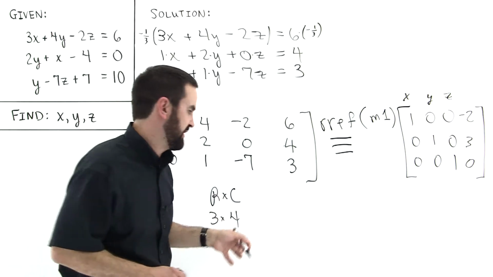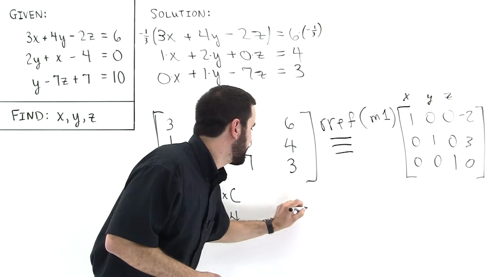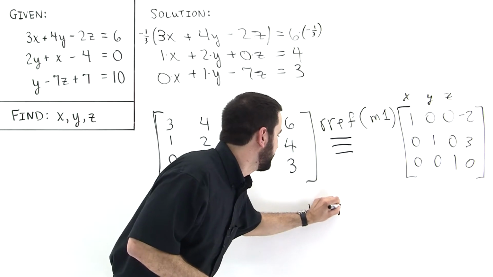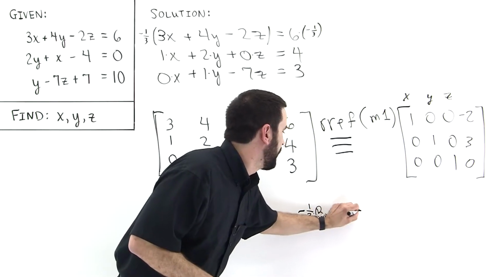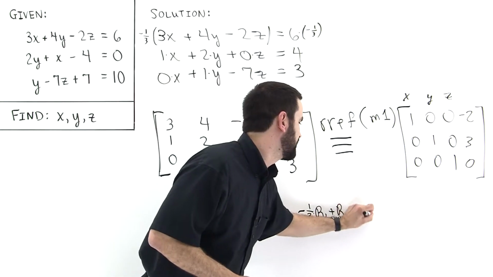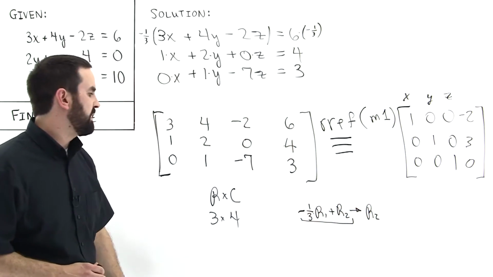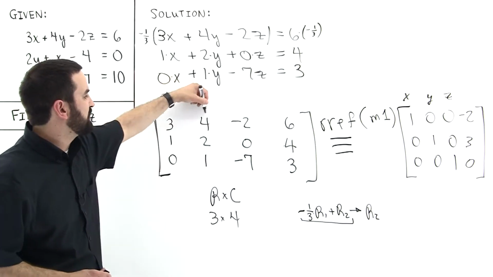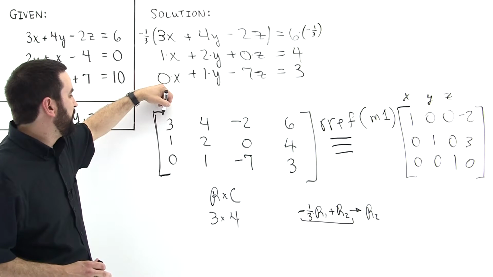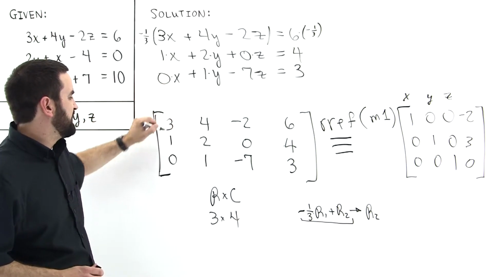So these, in the language of linear algebra, are called row operations. The first row operation would be negative 1/3 times R1 plus R2. And whatever this operation gives, we replace R2 with that, right? And you do that for each corresponding entry. So negative 1/3 times 3 is negative 1 plus 1 gives a 0, so you have a 0 here.